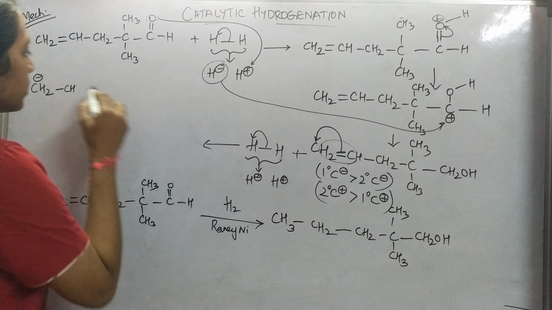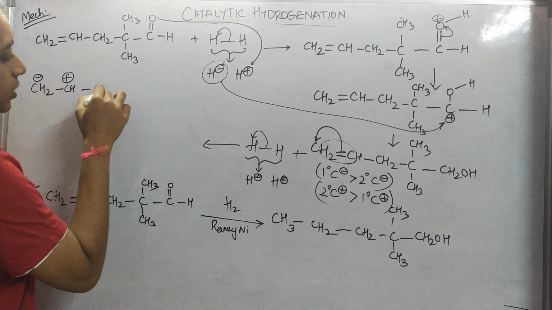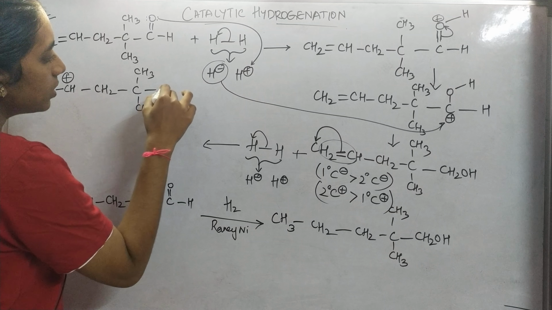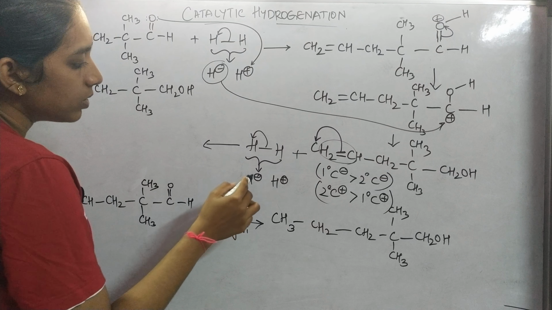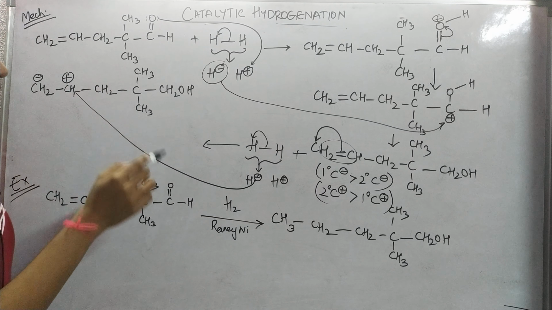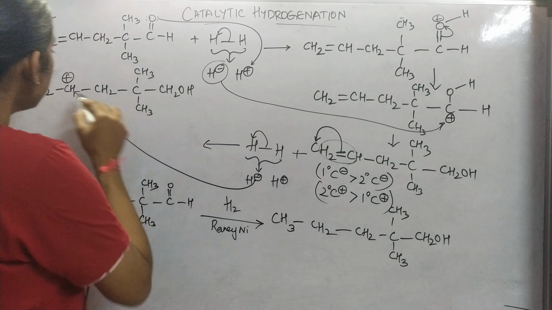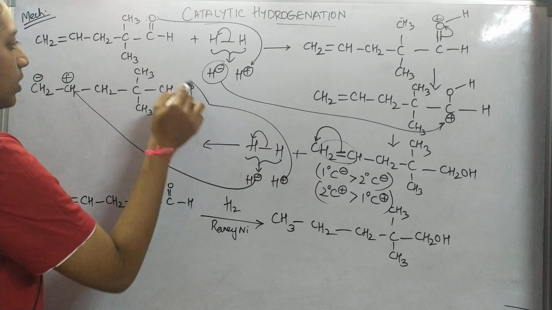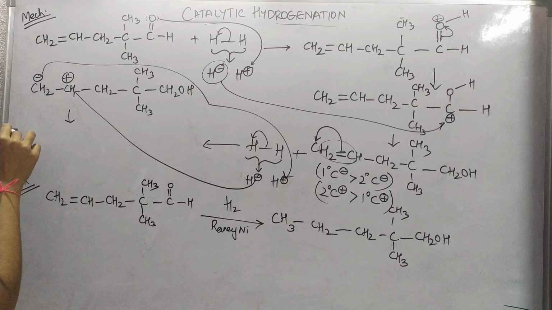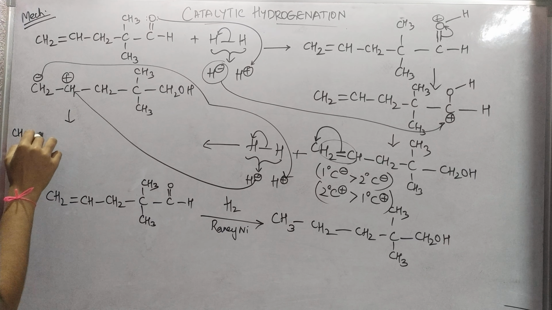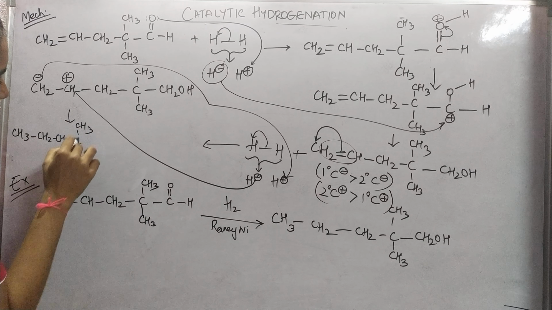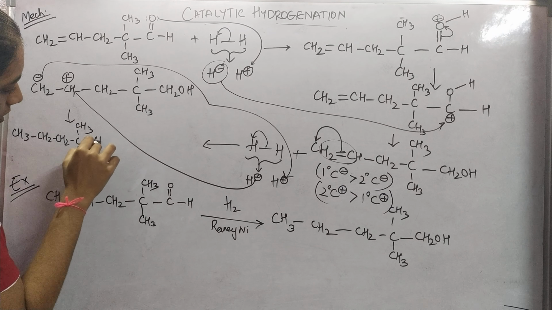The second carbon gets a positive charge because it is electron deficient. CH2 CCH3 CH3 CH2OH. Now this negatively charged carbon hydrogen will attack the positively charged carbon and this positively charged hydrogen will form a bond with the negatively charged carbon and we will get our final product, that is CH3 CH2 CH2 CCH3 CH3 CH2OH.